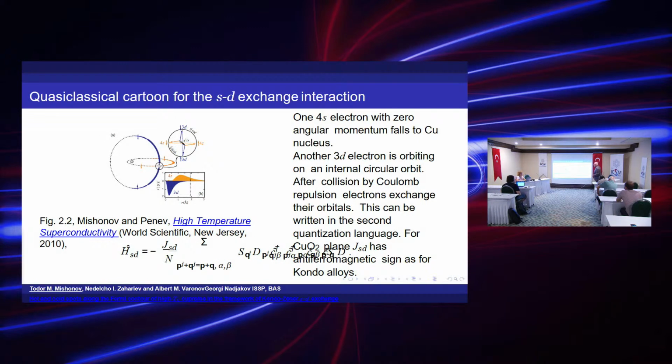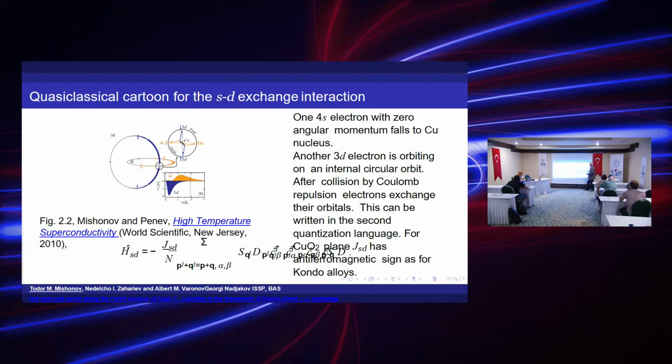Let me see some formula where something can be seen. This is a cartoon for the Kondo exchange interaction. Imagine what an s electron is. An s electron is like a kamikaze electron which is falling to the nucleus and resurrecting then, while the d electron is rotating in a circular orbit.